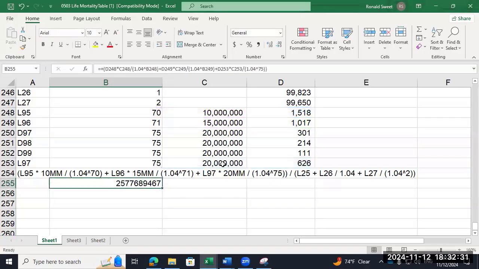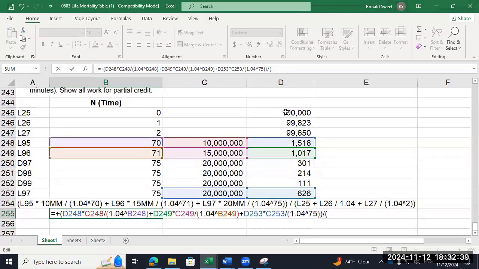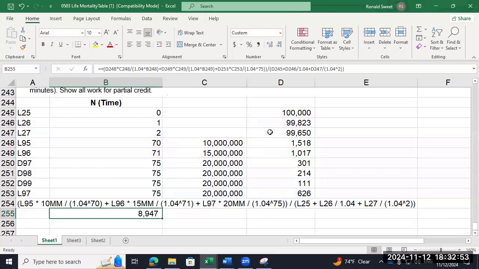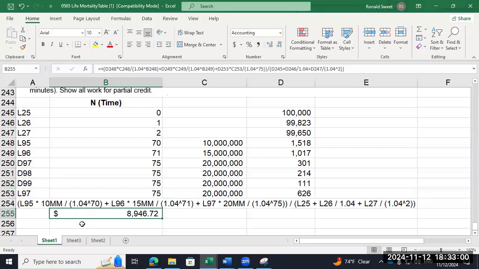Here's our numerator. $2 billion, that's a pretty big number. We're going to divide that by L25 plus L26 divided by 1.04, L27 divided by 1.04 raised to the second. Looks like almost the same premium. I didn't get too creative this year other than throwing those 375s in there.